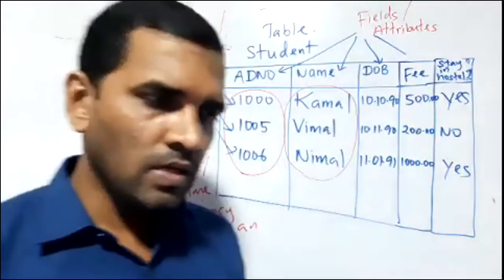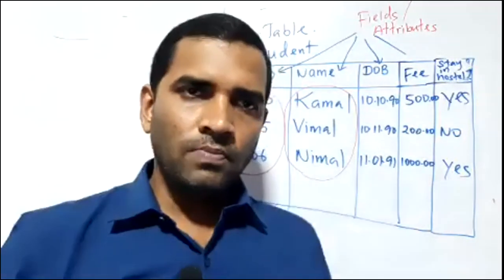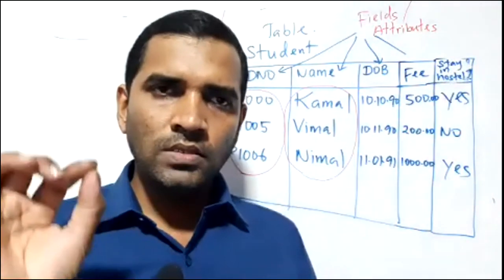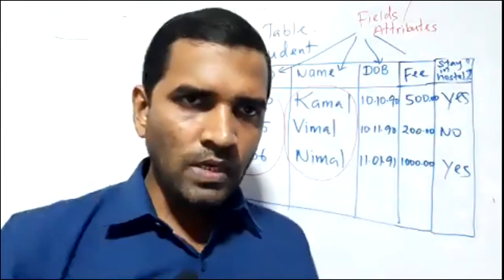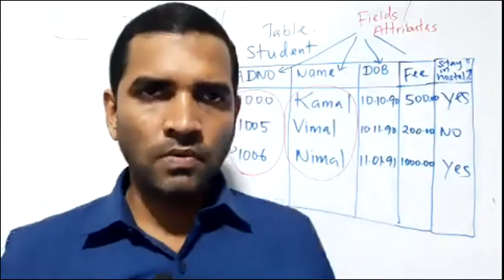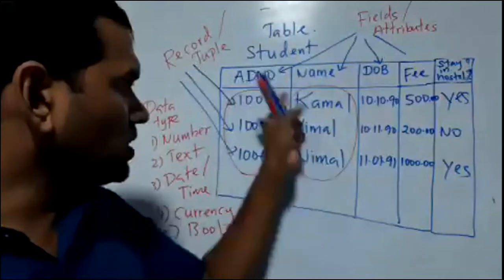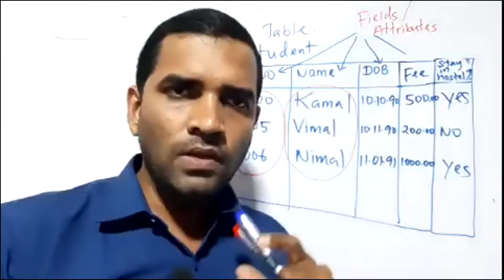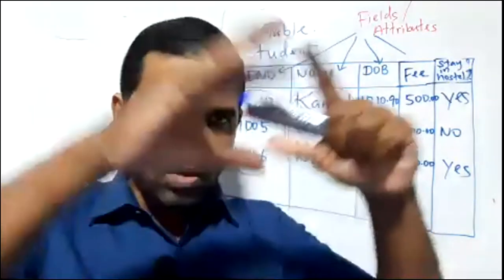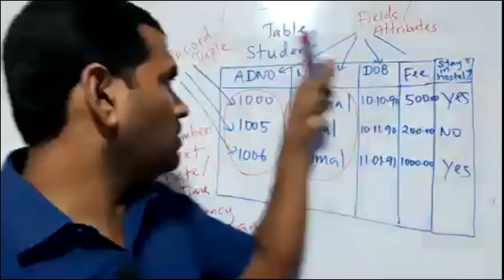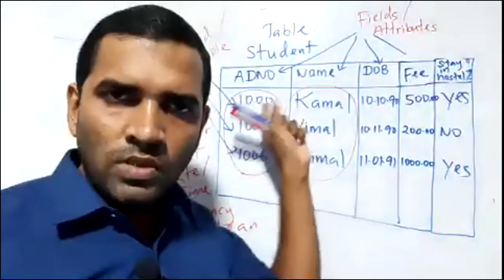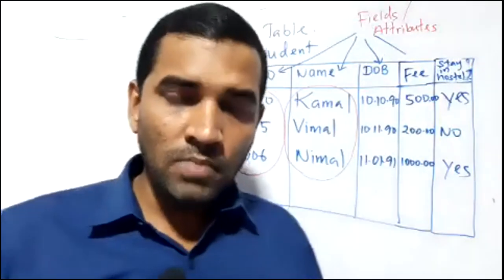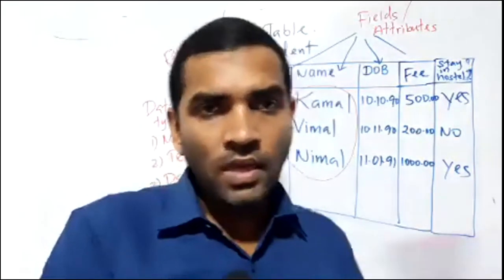Now you can understand one important thing. A field has similar type of data. The admission number field doesn't have data in different types. It has only one type. If it is number, all of them are numbers, there is no mixture. A school never maintains admission numbers in number format as well as text format.